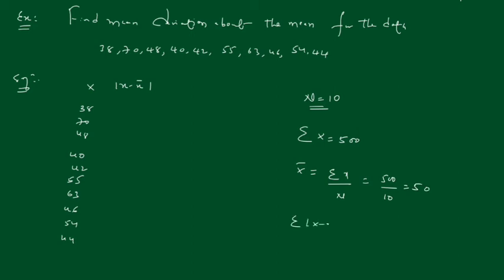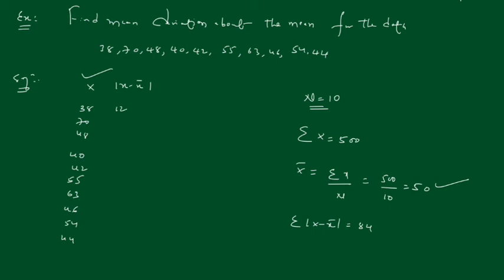So summation of mod x minus x bar, which is totally 84. Finally, x bar is 50, so x minus x bar: 38 minus 50 is 12.